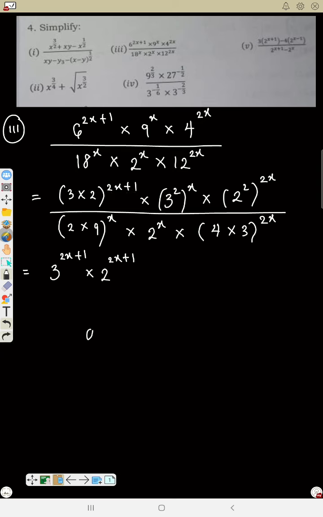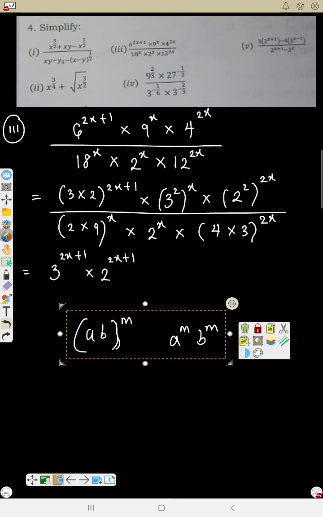So if you have (ab) raised to power m outside, that means this m will affect both. This will become a raised to power m, b raised to power m. Take notes, it's part of the law of indices.